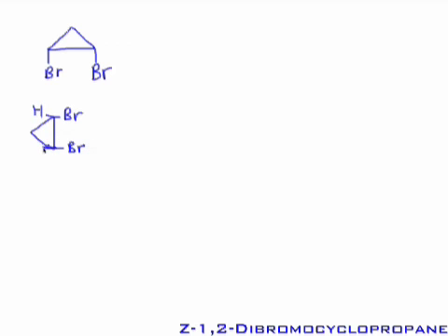Again, we can get close to a Fischer by putting it on its side. Put a mirror here. We get the ring the other way, and we get the Br. This clearly shows we have two chiral centers in the cis case.